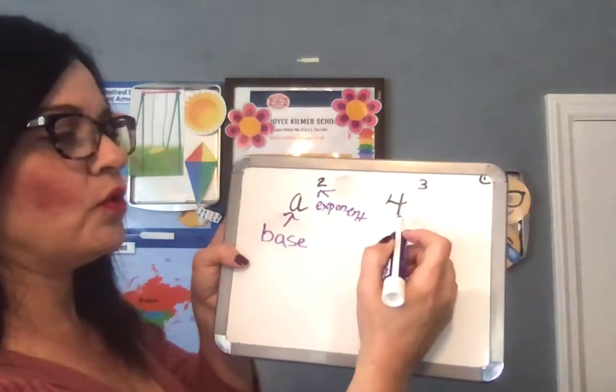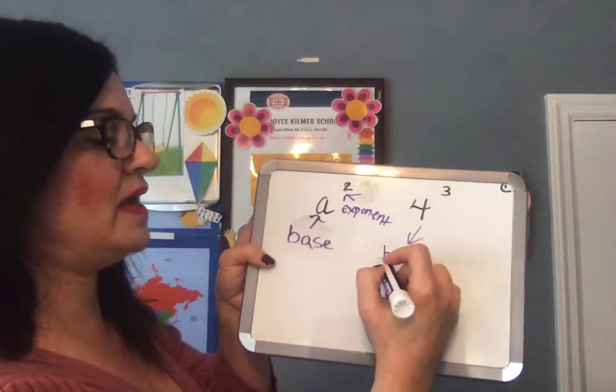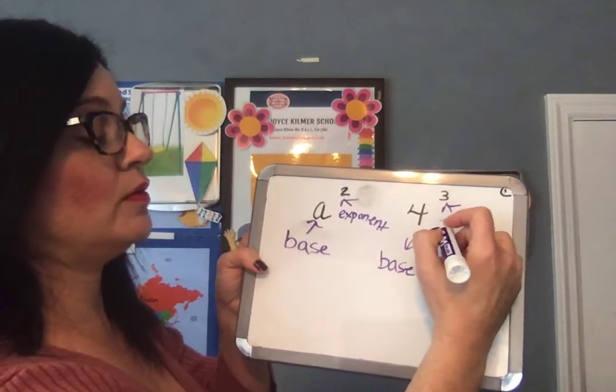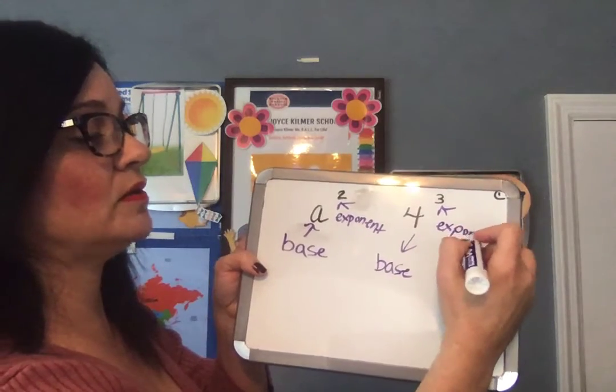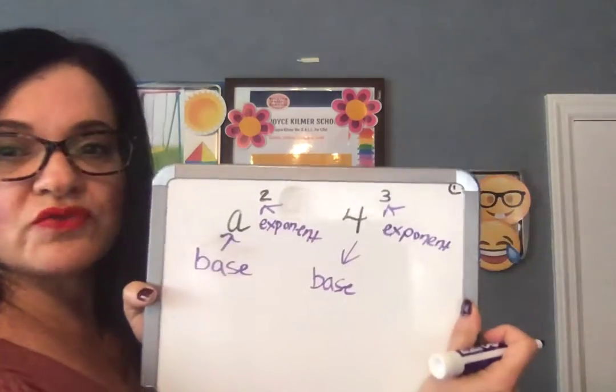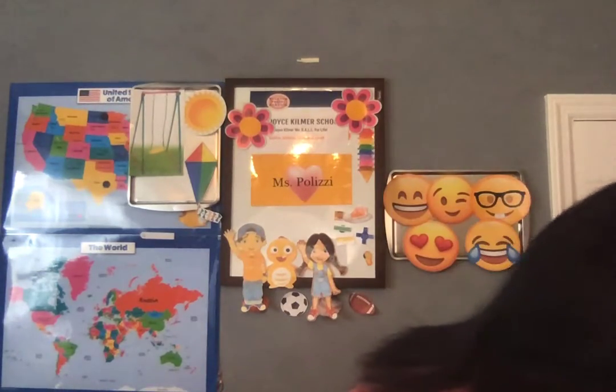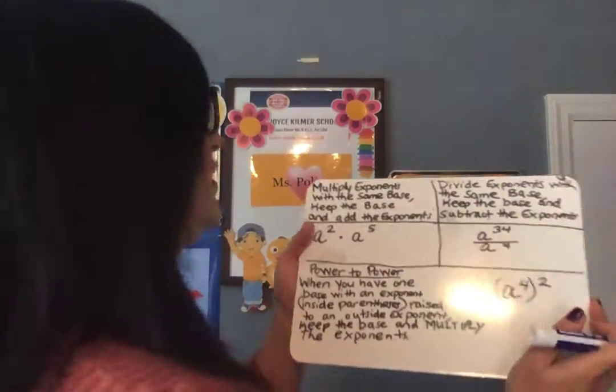Here you have 4 cubed. 4 is your base, and the cube, or to the third power, is your exponent, okay? So just remember that. All right, so on the first page, you may get some problems that look like this.